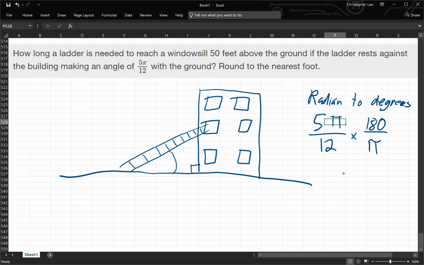Very good, Ronnie. Pi's get canceled out, right? But reduce this a little bit. 6, that's 90. 2, that's 30, that's 1, that's 15, right?